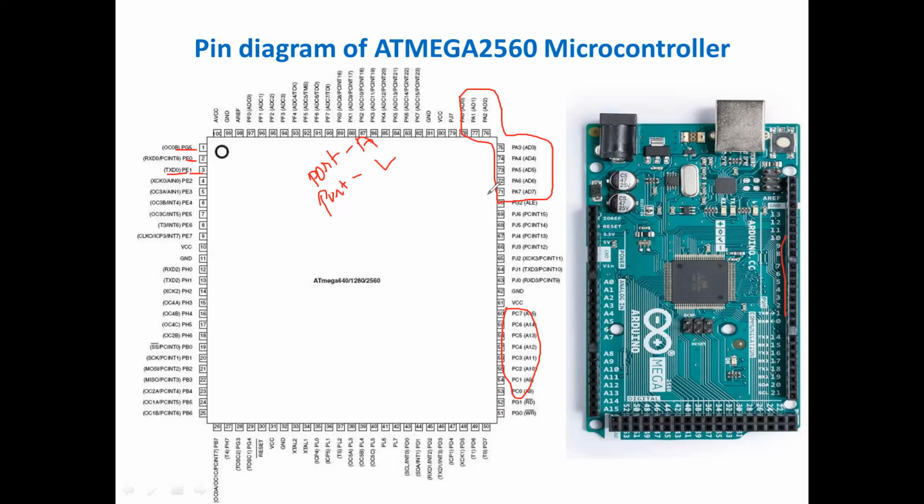Let us discuss what all the ports are. You can see that each and every pin is multifunction. That particular pin can act as a general input output and also have another function, for example an interrupt.